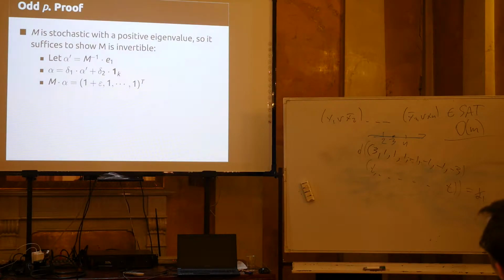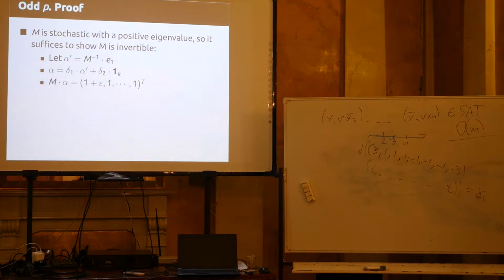And if I add 1 to it, then I basically add 1 to all coordinates. So we'll have an extra 1 in the first coordinate, and everything else will be the same. So now it just suffices to prove that this matrix is invertible.